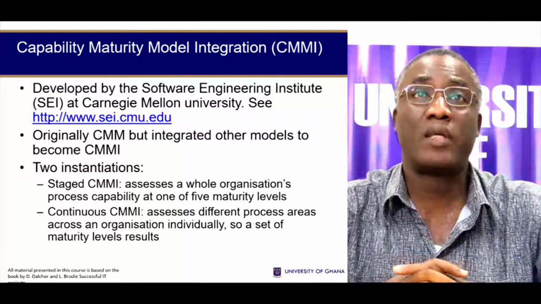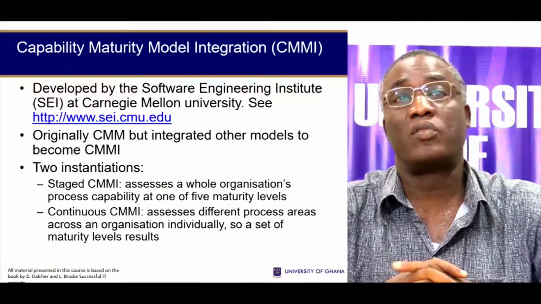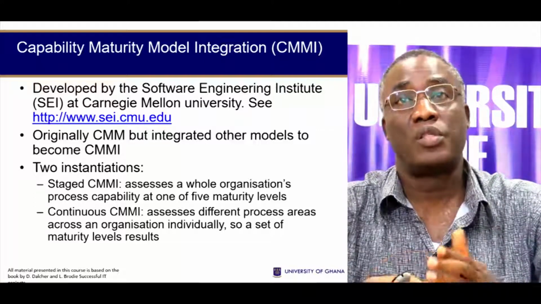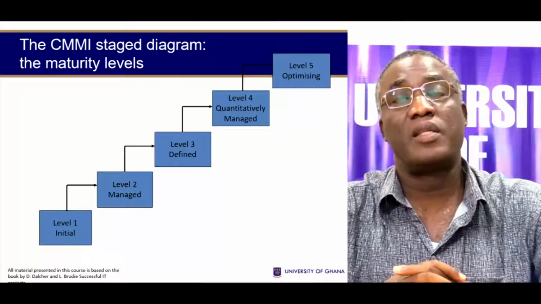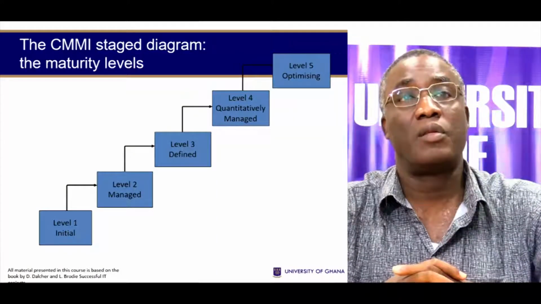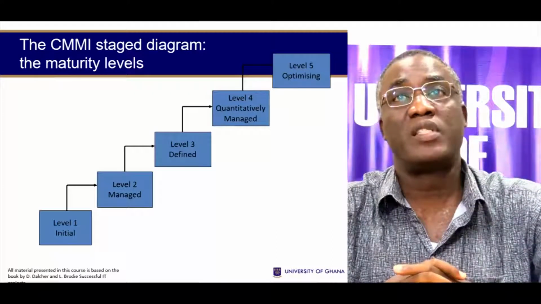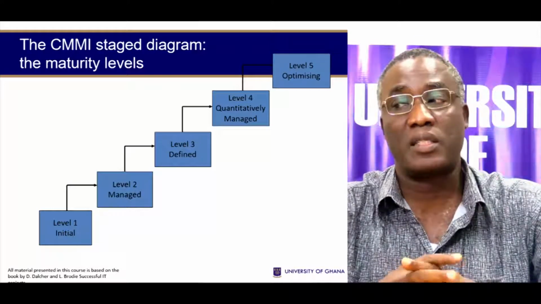So there's a website where you can go and read more about it. There are 2 instantiations of it there, the staged one and the continuous one, which you can find out further details. Well, we can stage this in a diagram: the initial stage, the managed stage, the defined stage, the quantitatively managed stage, and the optimizing stage.